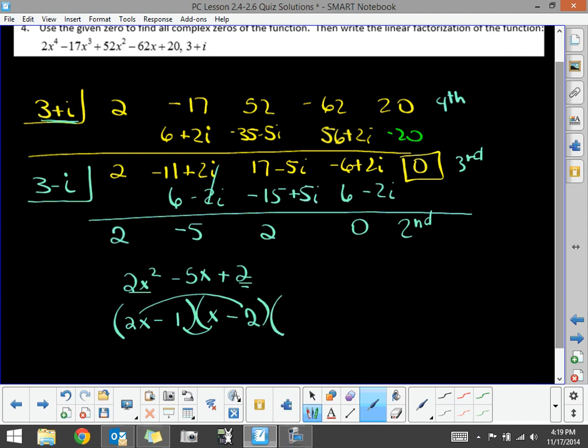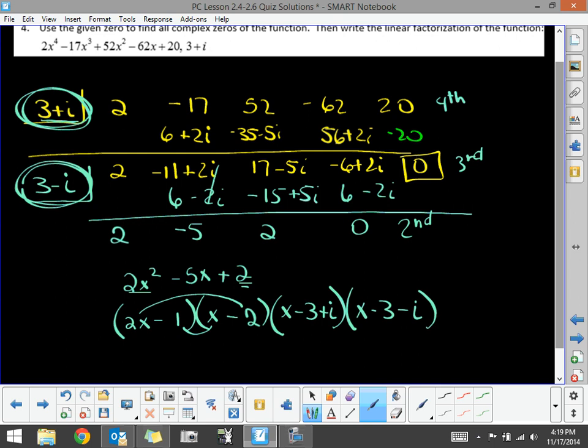On the other side, what I knew is that this was a zero. If this is a zero, then x minus 3 plus i is a factor, and this zero becomes as a factor x minus 3 minus i. Just like I did in the previous example, I always take x minus that zero, and that's going to give me my factors, x minus 3 plus i.